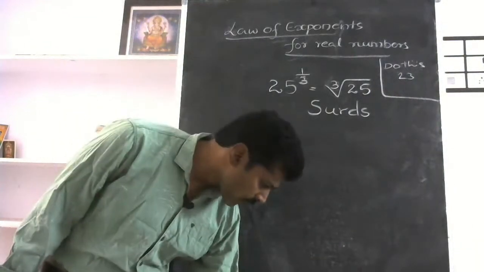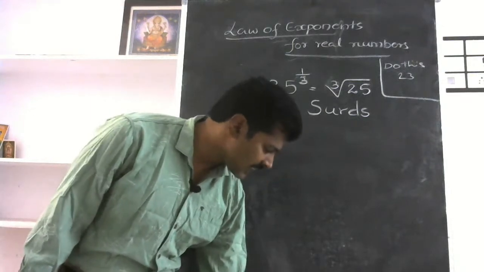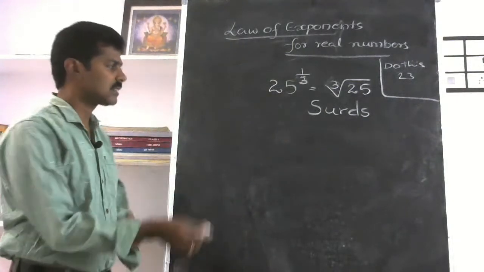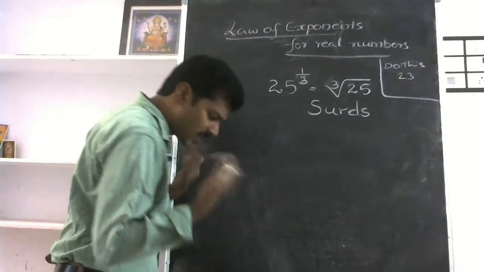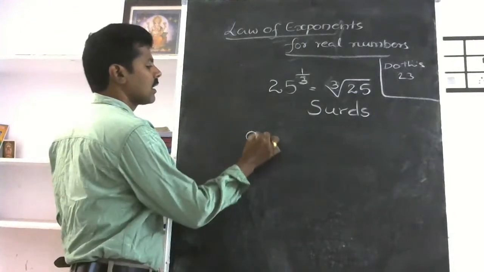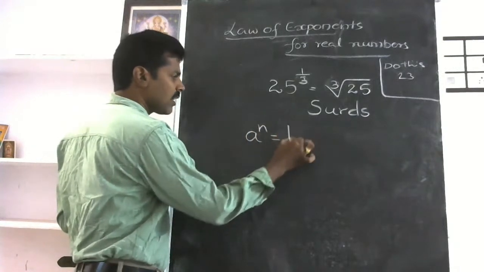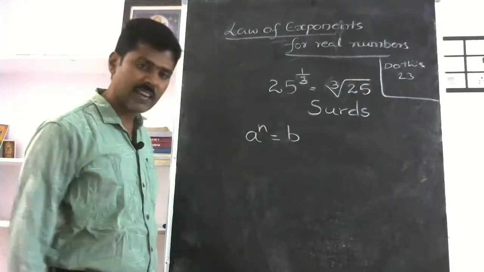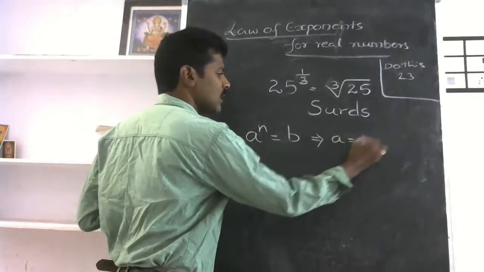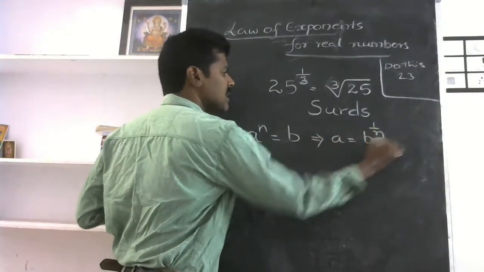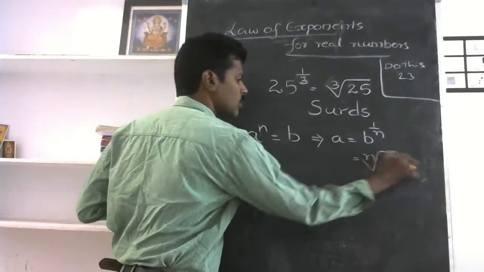Now we are going with another definition here. Before going to the third, we will conclude what we have discussed already. A power n is equal to b. Then what happens about a? A is equal to b power 1 by n. Simply we can write nth root b.